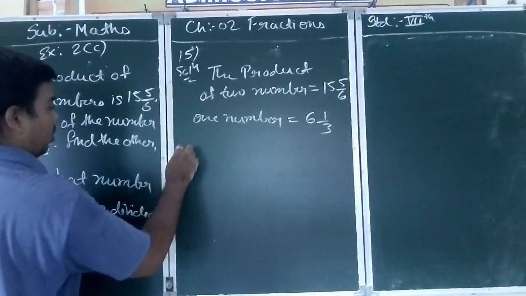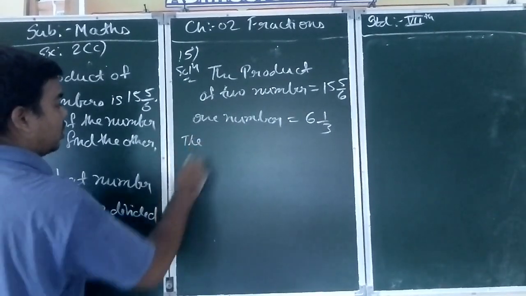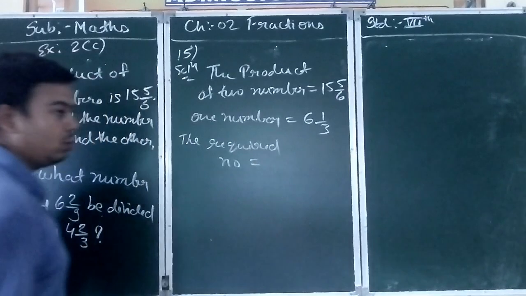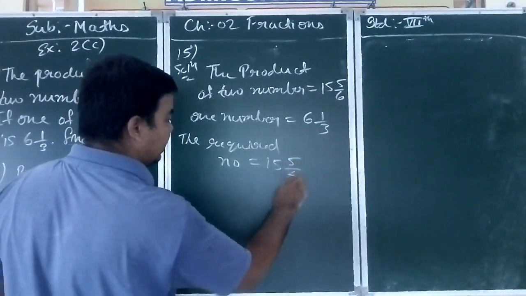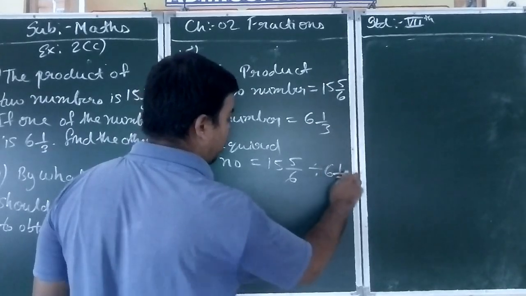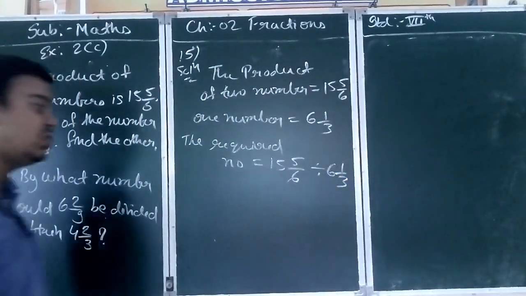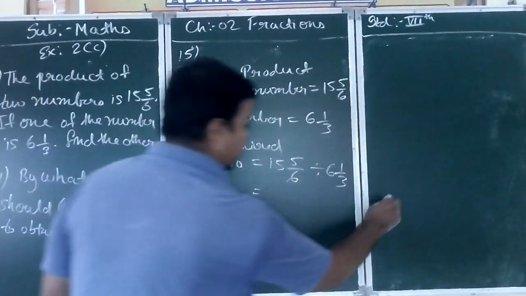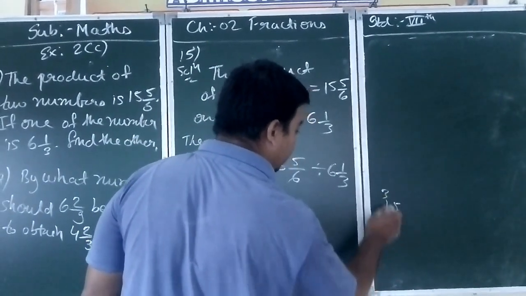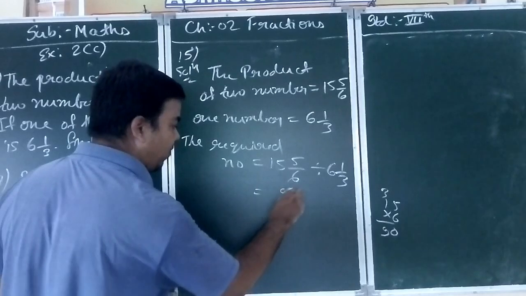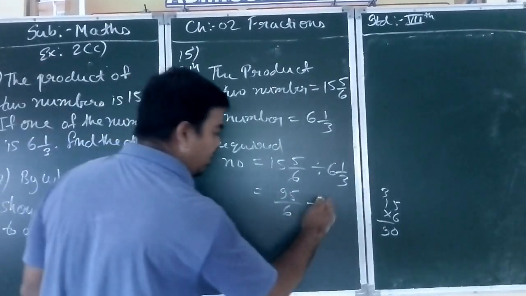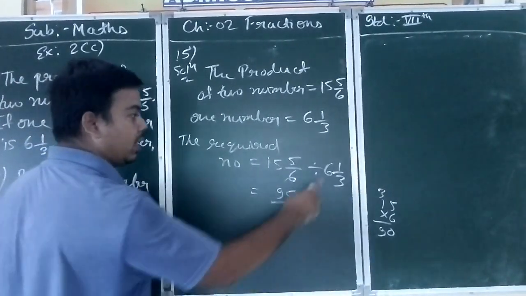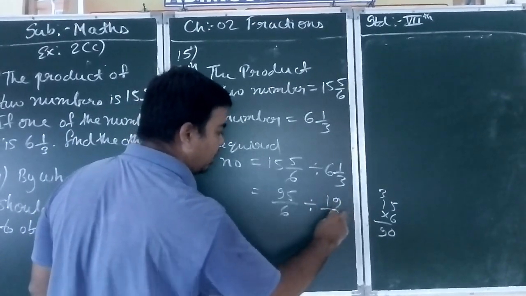So the required number is equal to 15 5/6 divided by 6 1/3. 15 times 6 is 90, plus 5, 95 by 6, divided by 6 1/3. 6 times 3 is 18, plus 1, 19 by 3.